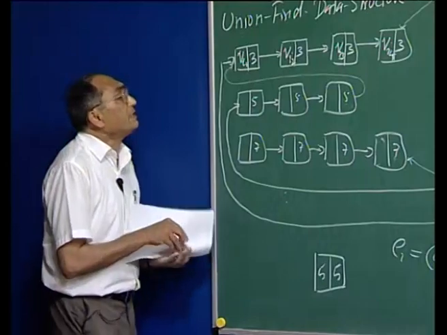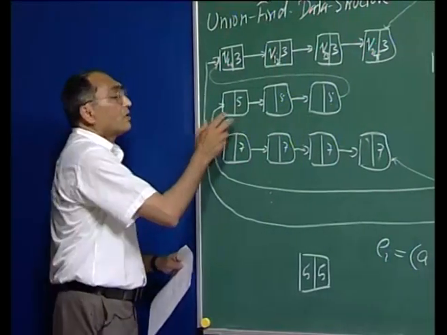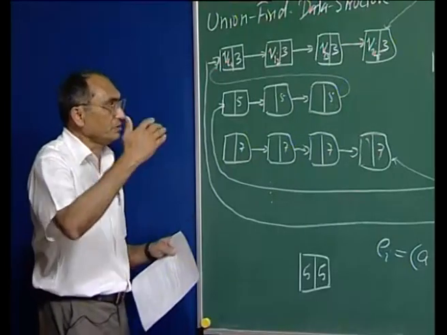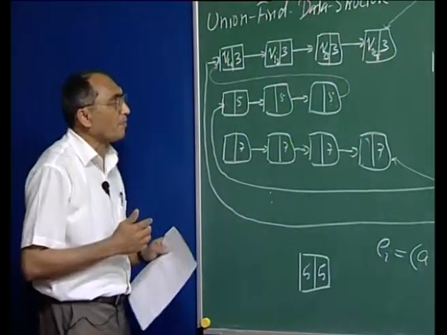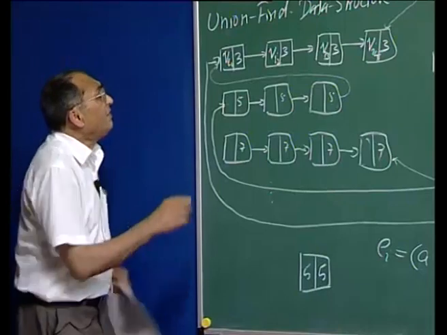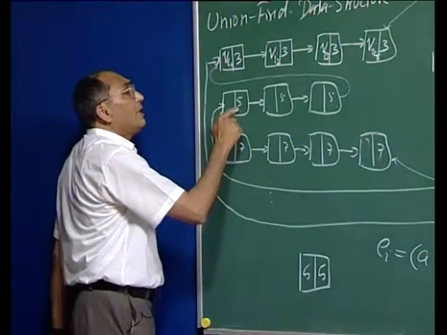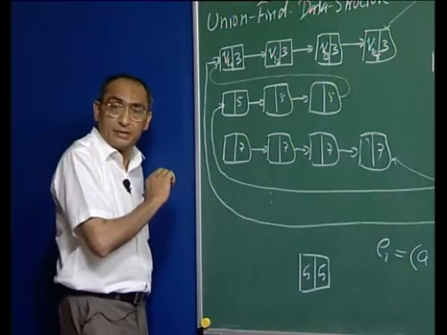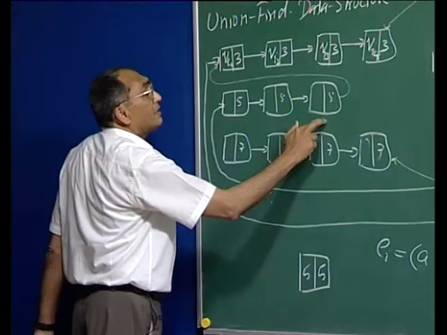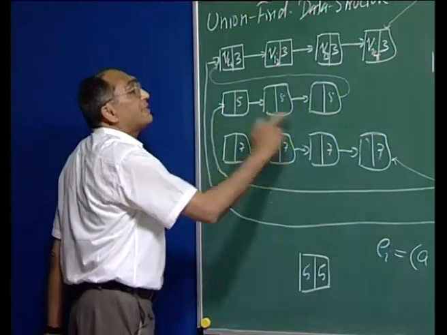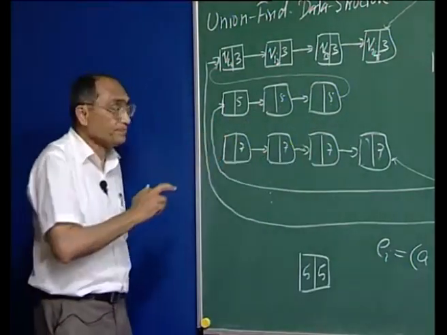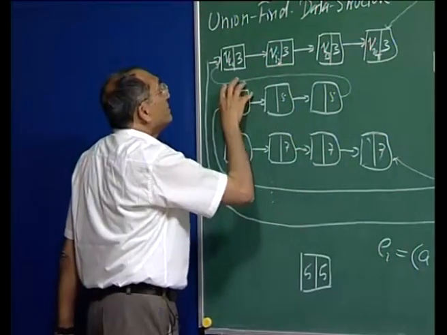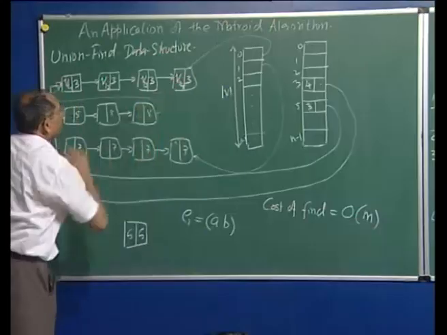Now notice that a certain node goes through several relabelings as it gets unioned over a period of time. But every time you relabel, it becomes a member of a larger set, and not only that, the new set will be at least twice as large as this set, because in this case, when we are unioning this with this, this node is now a member of a set of 7 vertices.